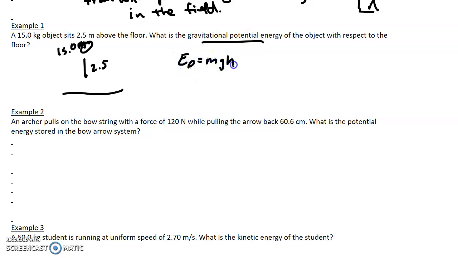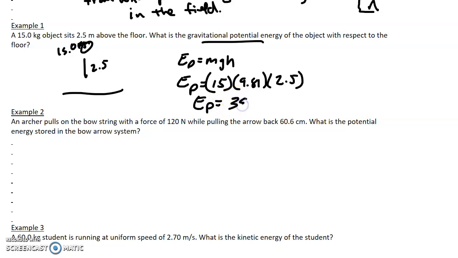So mgh, that mass of 15, g is 9.81, and the height being 2.5 meters means that the potential energy there is going to be 368 joules. The unit for energy is joules, same as work, because really energy is just the ability to do work.